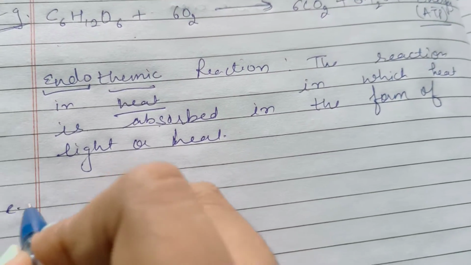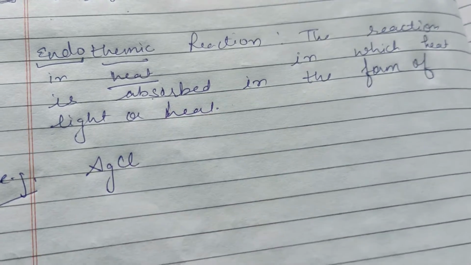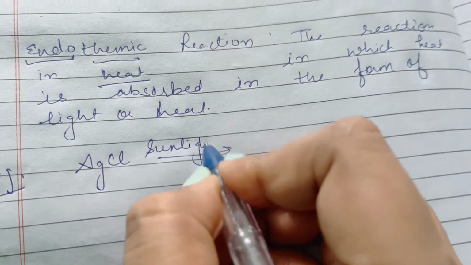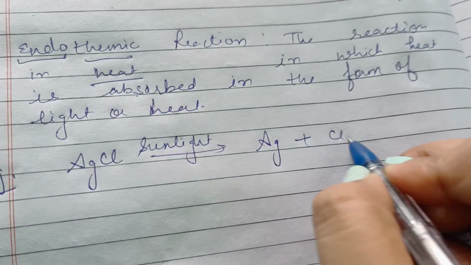The example of endothermic reaction is silver chloride absorbs sunlight to dissociate into silver plus chlorine.